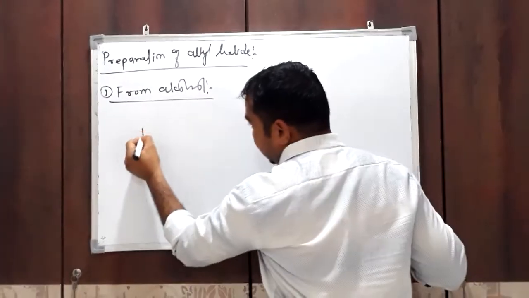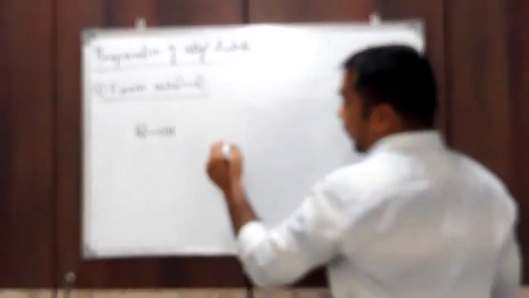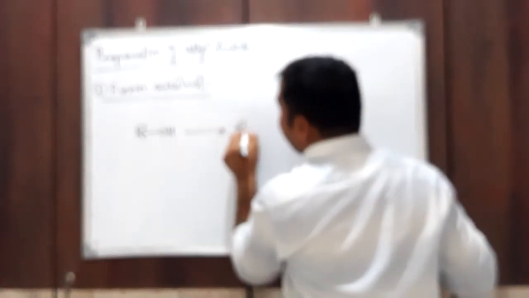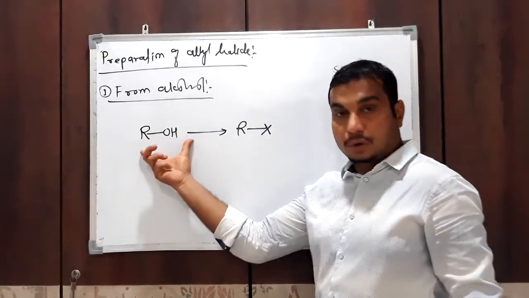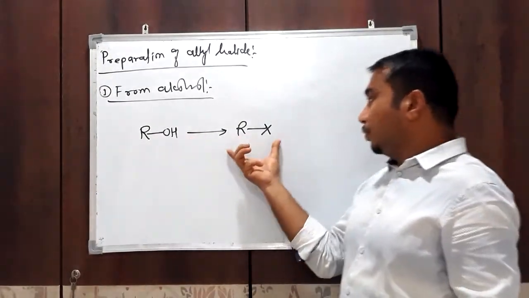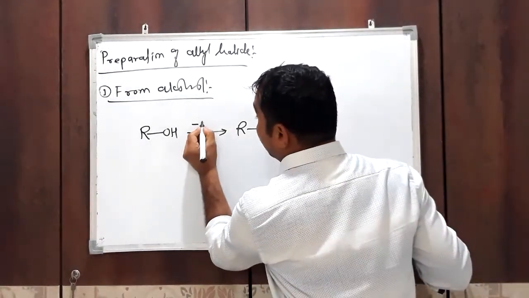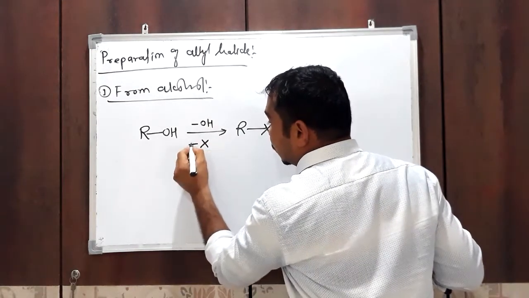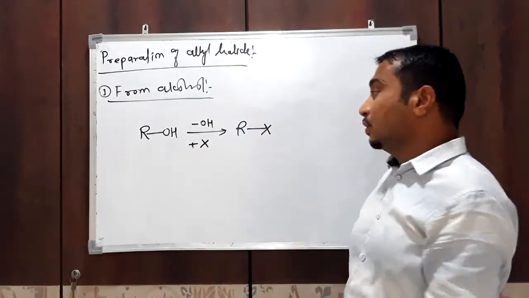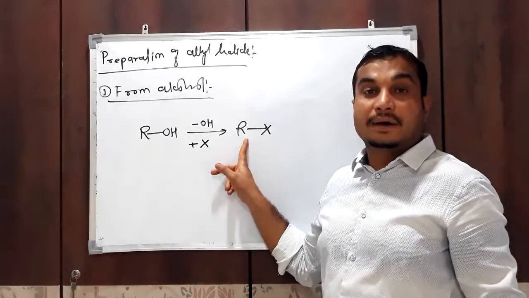Alcohol means ROH. Now from this alcohol we have to prepare alkyl halide, means RX. What we have to do? Just we have to replace this OH group from alcohol by halogen atom, then you get alkyl halide.